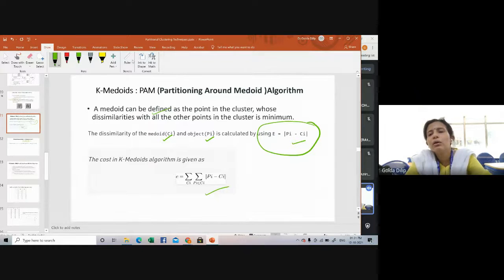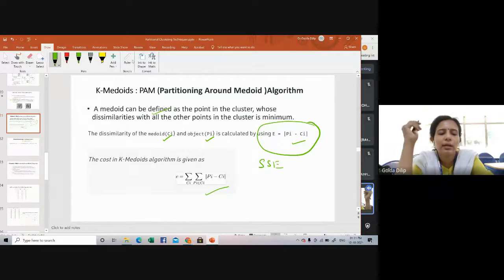Both k-means clustering and k-medoids clustering attempt to minimize the SSE, that is, the sum of squared error. But the k-medoids algorithm is more robust to noise when compared to the k-means algorithm, because you're not taking the mean into consideration.